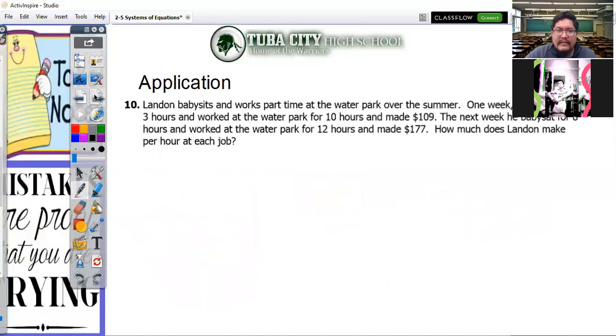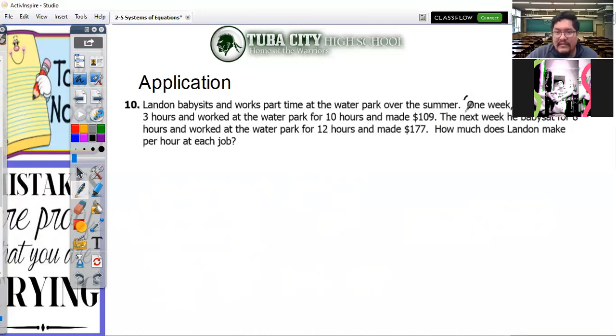Landon babysits and works part-time at the water park over the summer. 1 week he babysat for 3 hours and worked at the water park for 10 hours and made $109. So that's week 1. Again, in the introduction, we know this guy has 2 jobs.